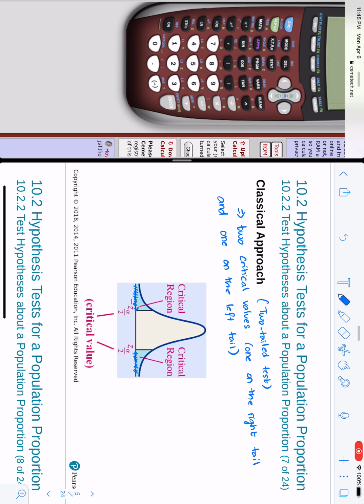The probability corresponding to that would be alpha over 2. Why is that? Let's say alpha is 0.05. Since this is a two-tailed test, we are going to allot an area of alpha over 2, which is 0.05 over 2, we get 0.025. In a similar manner, we allot an area of alpha over 2 on the other tail, 0.025. Why do we have to set up this way?